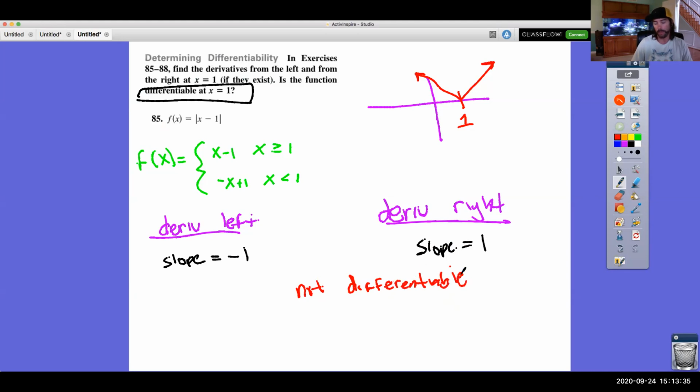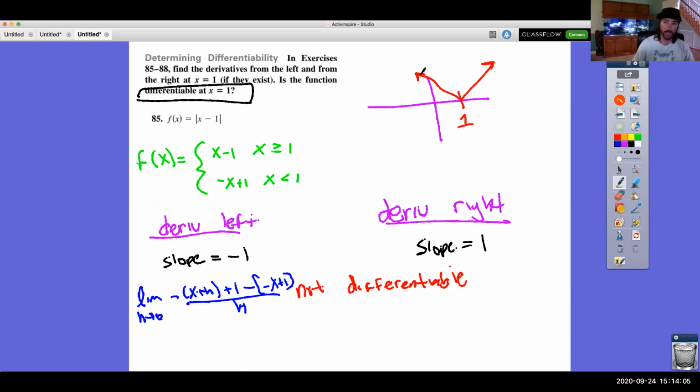Now, if you don't believe me, go ahead and apply the limit definition from the left and the limit definition from the right. For instance, the limit as h goes to 0. I'm doing the left, so I'm using the bottom one. So it's going to be negative (x plus h) plus 1, minus negative x plus 1, all of that over h. You're going to see that's going to reduce down to negative 1 anyway.